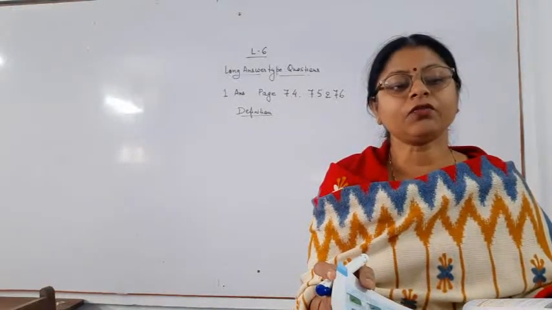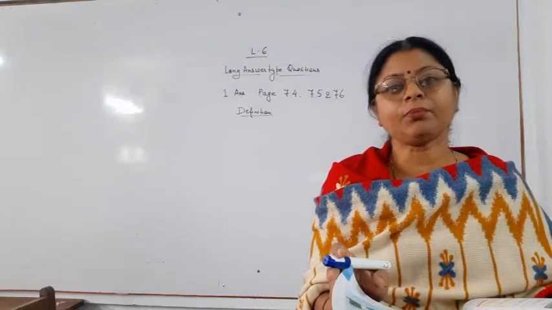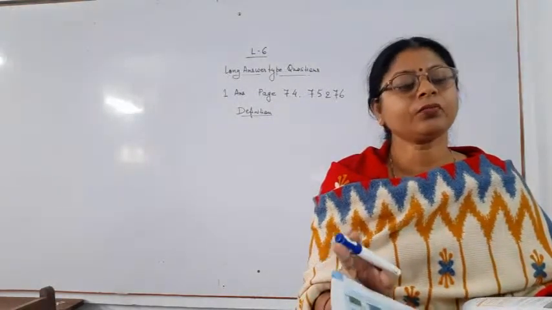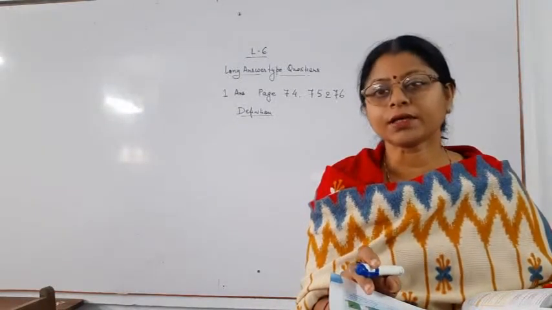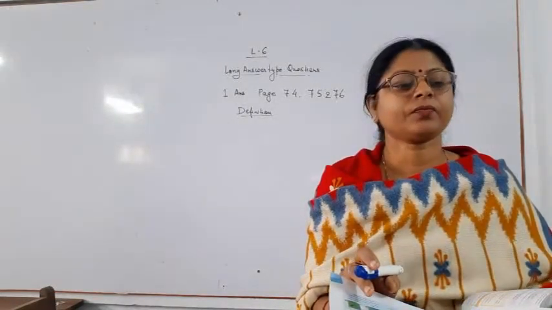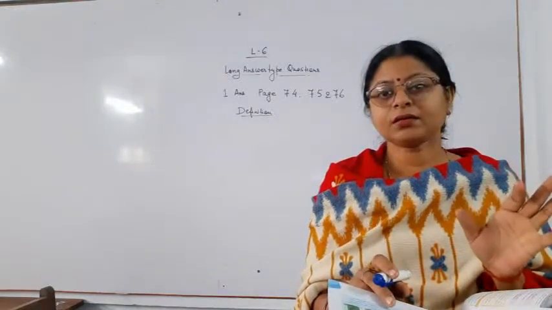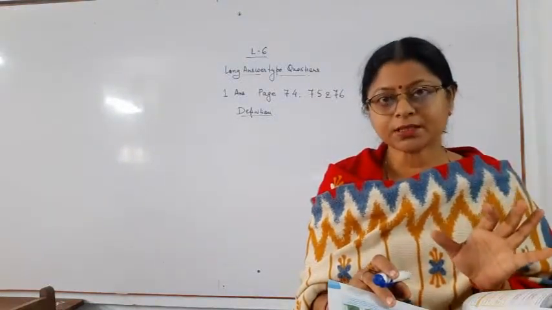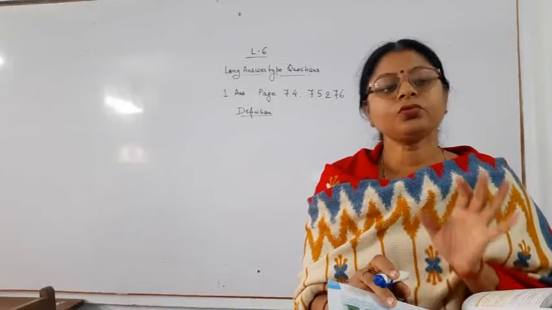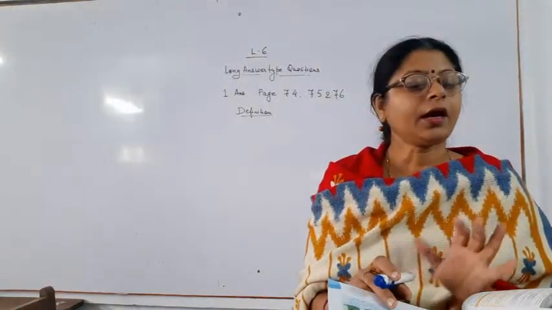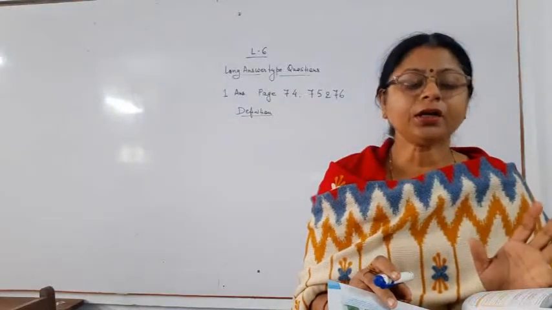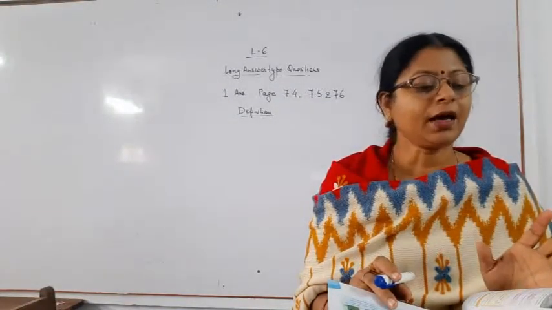Definition: a reaction in which an acid and a base react together to form salt and water is called the neutralization reaction. Then acid plus base change into salt plus water. You write down this. And after that you write one equation for that as it is given.